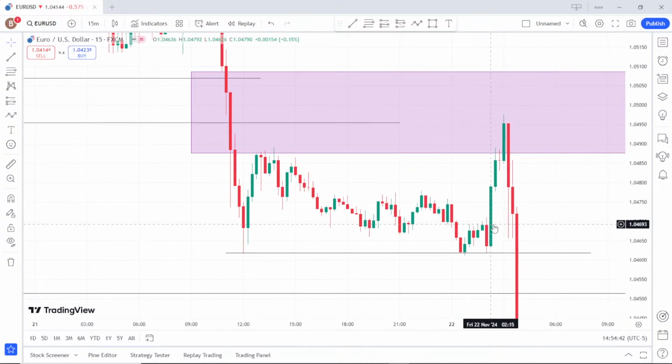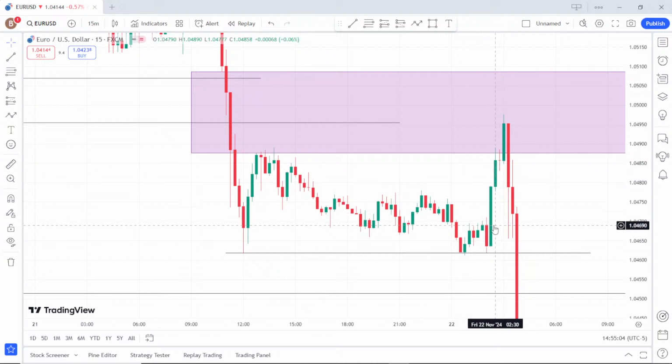And then there'll be some people erroneously tagging this red candle a bullish setup. If it's a normal chart and the bias is long, this is a valid setup for a long.